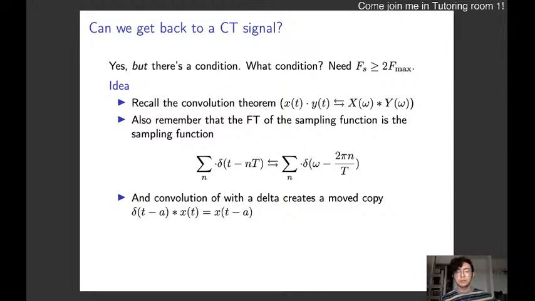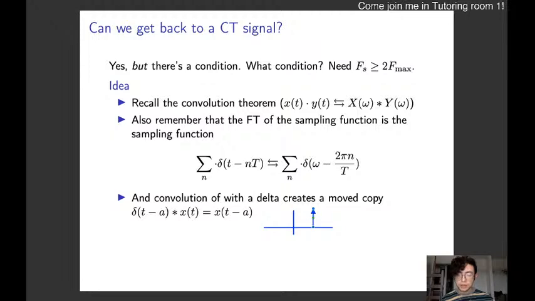So represented graphically, let's say we had a Dirac delta right here. Well, that should be an arrow that's upward.